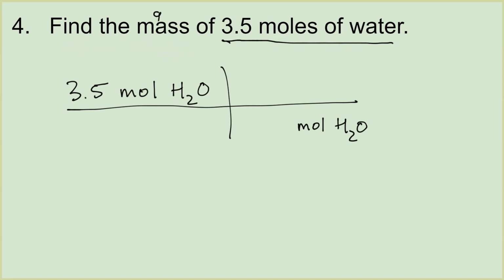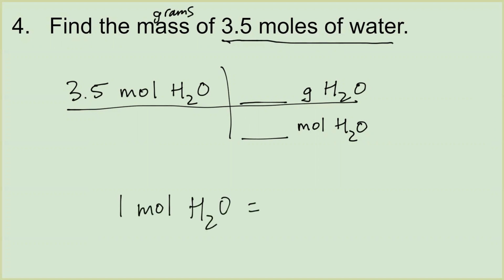Well, mass is grams. So we'll put grams of H2O. Now we need to figure out what goes in these spots right here. So we need to find the molar mass of H2O. If we had 1 mole of H2O, we need to figure out how many grams of H2O that would be.